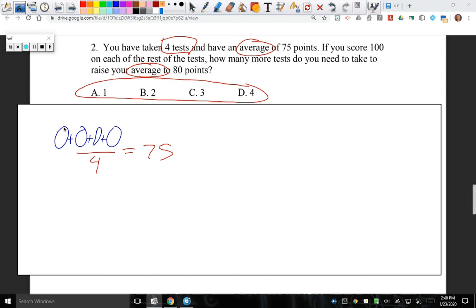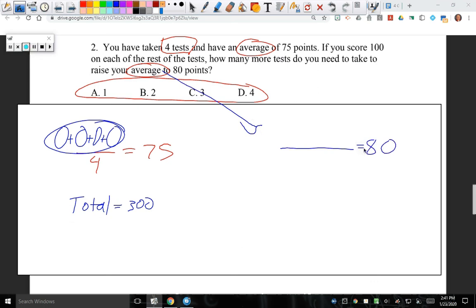So if I multiplied both sides by 4, how much is this even equal to? 300. So we could say the total right now is 300. Okay? So the next step is, what's the thing that I need to get this new average of 80? Okay, here we go.